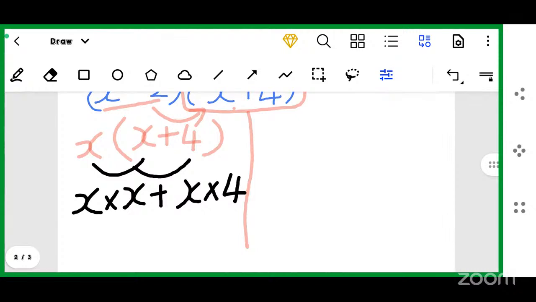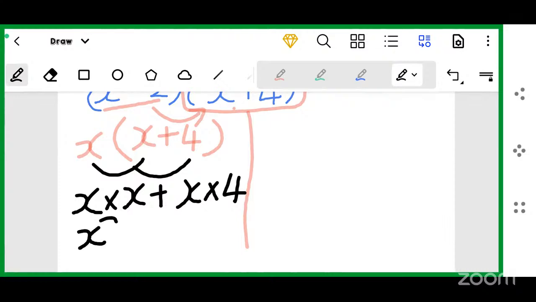Just x? x squared. Perfect. Are we agreeing like this? Yes, ma'am, I agree. So it's x squared plus, what is x multiplied by 4? Ma'am, 4x.